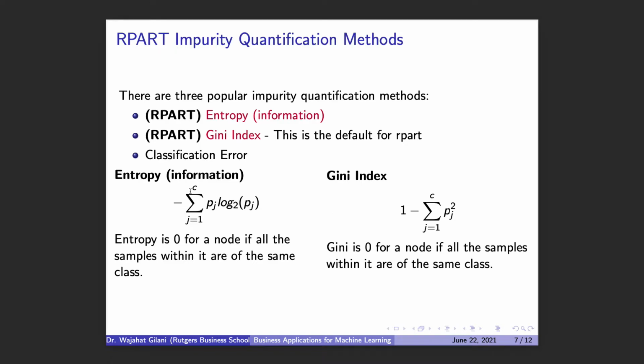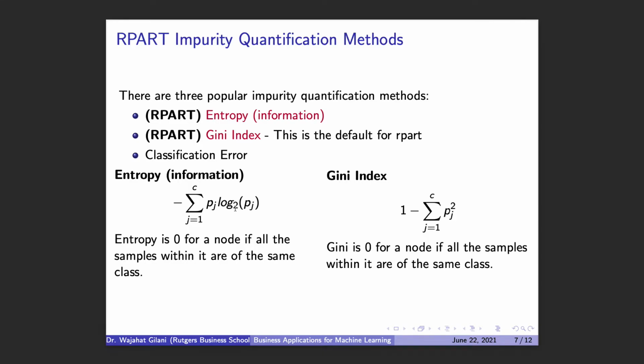In entropy, I have a negative, and then a summation, j equals 1 to c. j is basically our iterator, and c stands for how many unique classes we have in our data set, in this case the number of unique animals. p of j is the proportion of each particular animal, and there's log base 2.